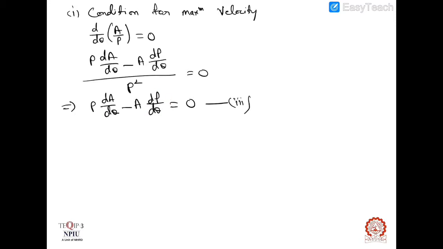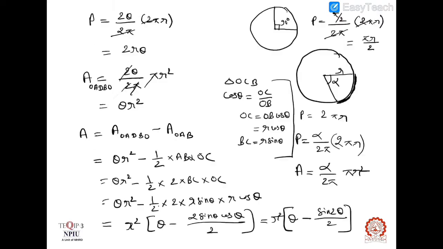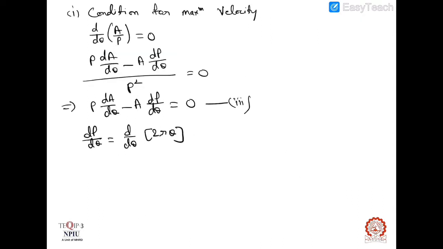Now let's find first dP upon d theta. What is the value of P in terms of theta? That is 2r theta that we have found here. So differentiation of this 2r theta with theta will be 2r. Similarly, dA upon d theta we can find. What is A?